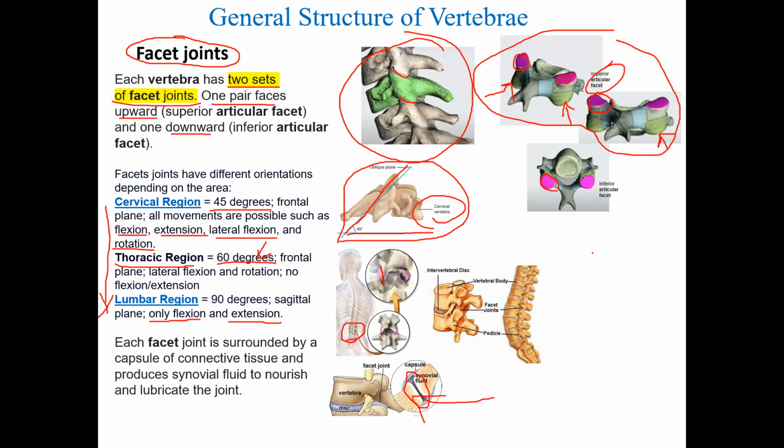And this is what I'm asking you to remember: general characteristics and the different types of orientation in terms of angle that they form, in the three major regions of the vertebral column. That's what I want you to remember, and I do have this nice video.